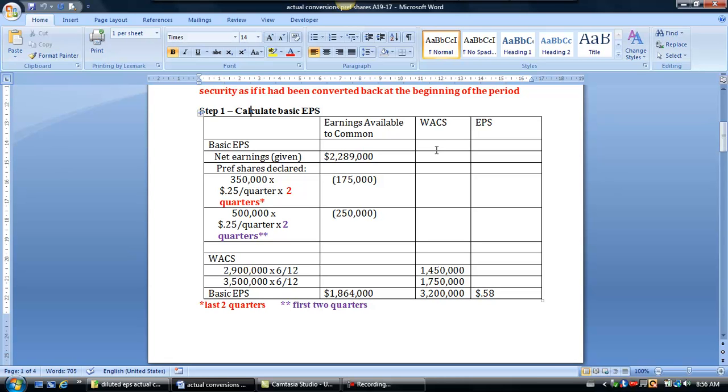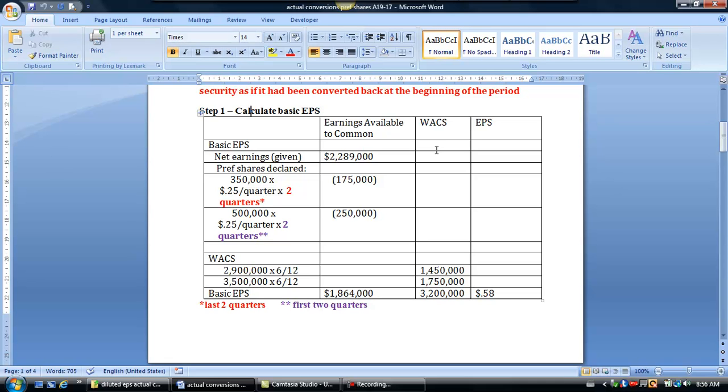So in this case, because some of these preferred shares were converted, I need to figure out what amount in preferred dividends were actually declared. And don't forget, they're cumulative, right? So we have to deduct them from our earnings, $2.289 million, in order to see how much is available to common.